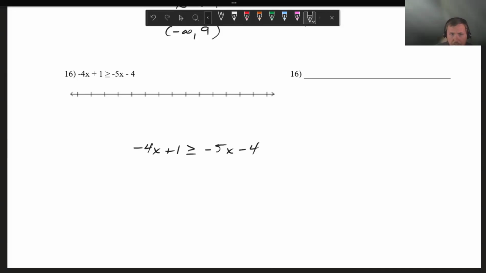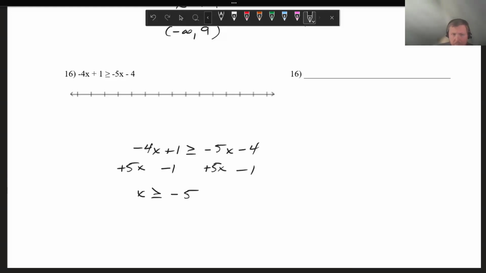Okay. So let's subtract 1 from both sides. I'm going to add 5x to both sides. So I have x is greater than or equal to -5. Okay.